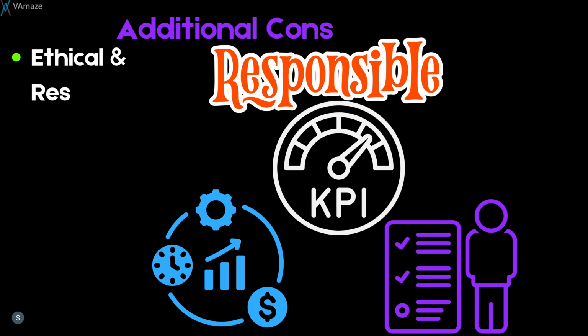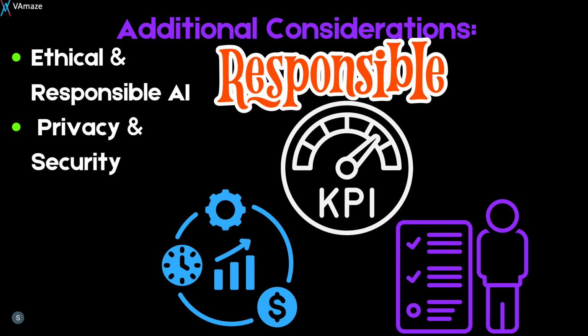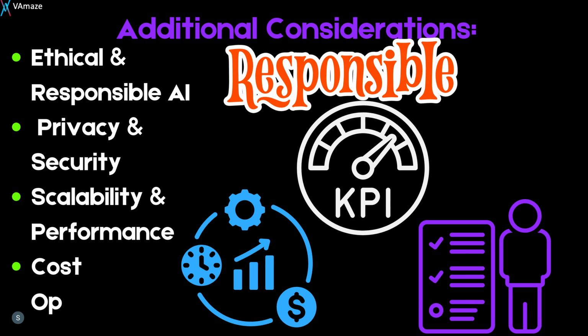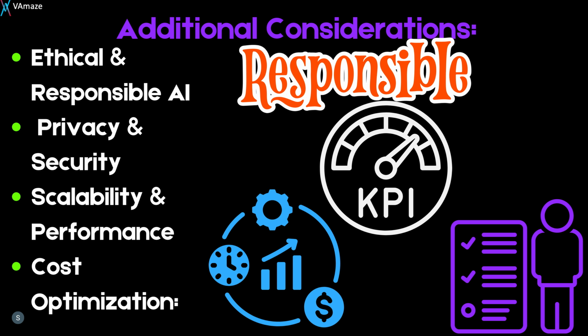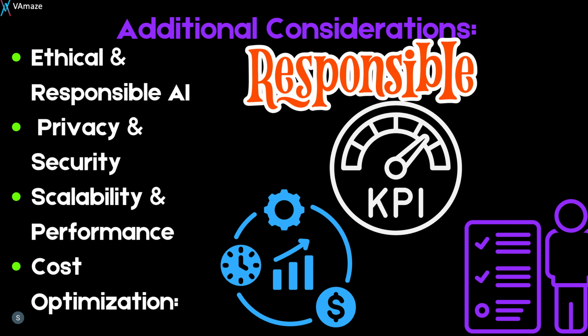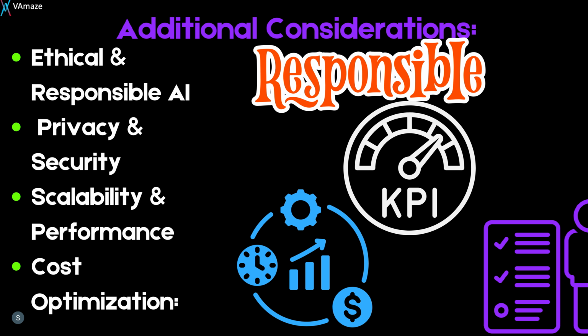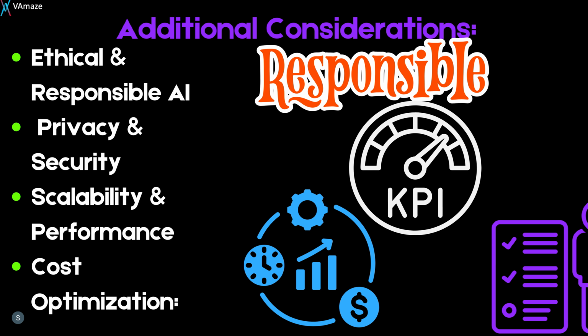There are some additional points to consider outside of these layers. The key considerations are ethical and responsible AI, to ensure that the generative AI technology stack aligns with ethical guidelines and addresses potential biases. Also, privacy and security: implement robust measures to protect user data and prevent unauthorized access.